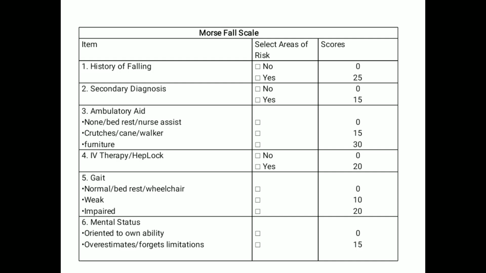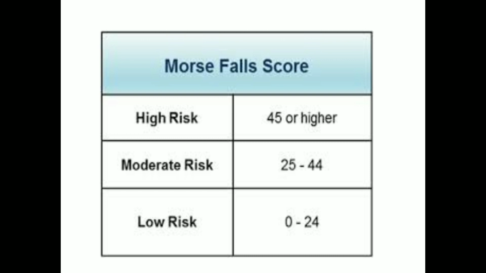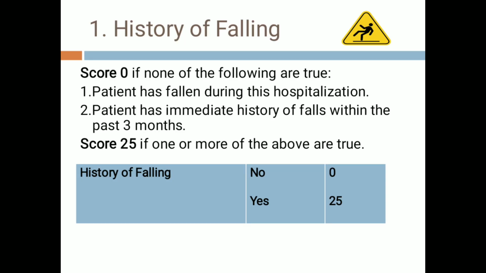This sheet is for calculation of score according to the parameters. According to the Morse Fall Score, if the score is 45 or higher, it is considered high risk. If the score is 25 to 44, moderate risk, and if the score is 0 to 24, it is low risk.